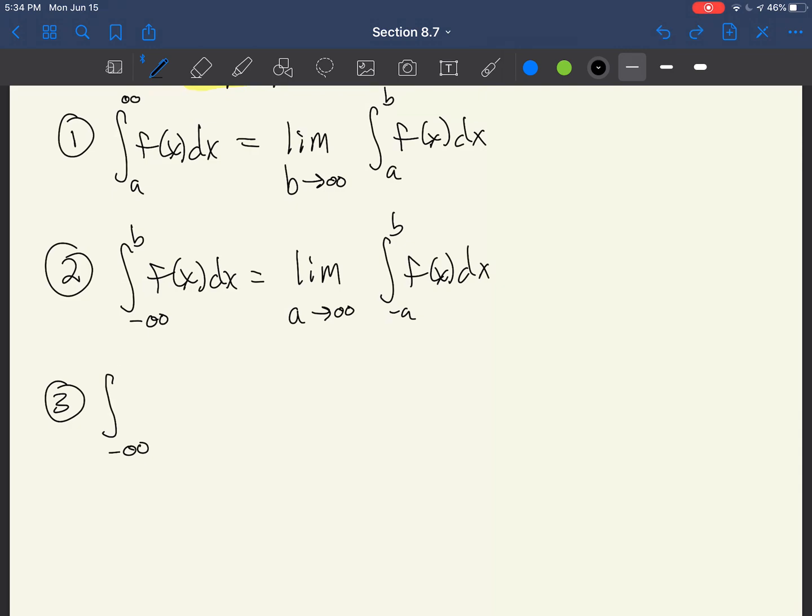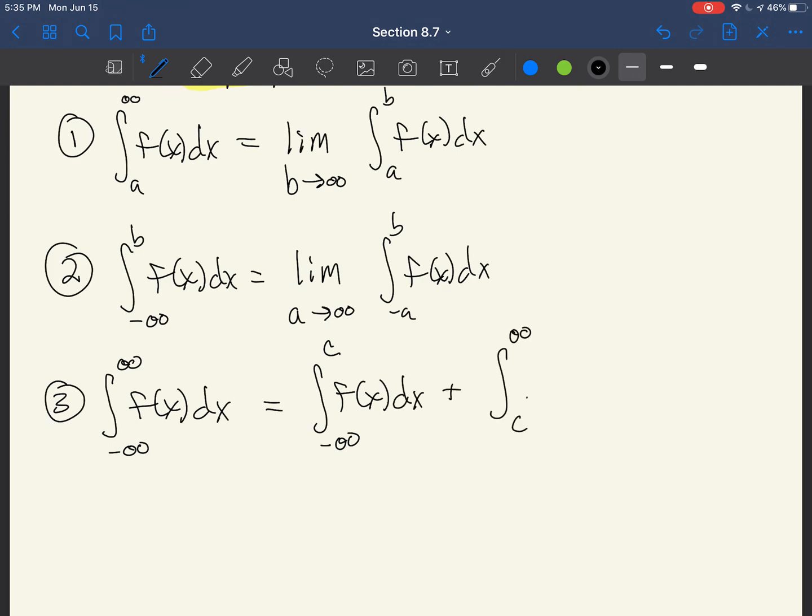And then we could combine the two. So we could do the integral from negative infinity to infinity, so over the whole real line, of f of x dx. And the way we do this is we truncate it at some point c. So we have the integral from negative infinity to c, plus the integral from c to infinity of f of x dx.